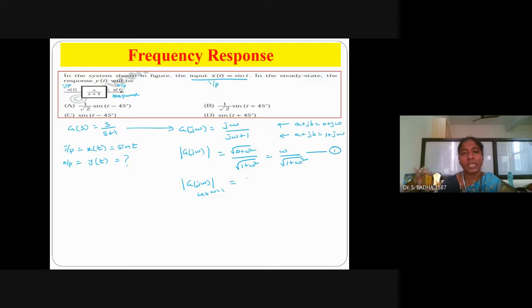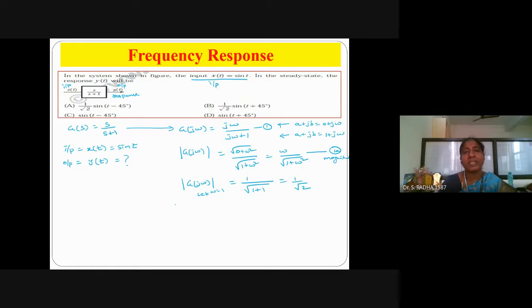In the place of omega, I have to substitute 1. So denominator 1 plus 1, it is 1 by root 2. So output will get this magnitude. Now let this be equation number 1, and let me take this as 1a, which is the magnitude of the given transfer function.